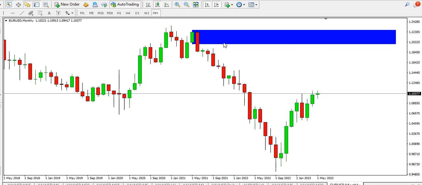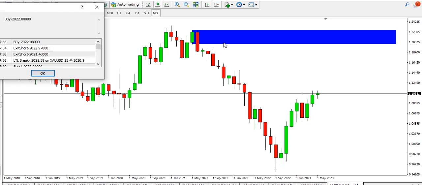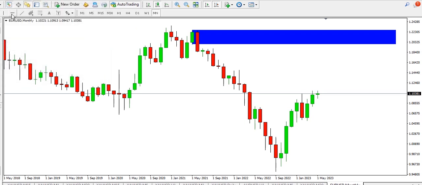Now, this block always comes up before the breakout or the break of structure. There's a break of structure around here. This is structure, right? And the structure was broken somewhere around here. So you have the order block before the break of structure, an opposing candle that appears before the development of a new trend.